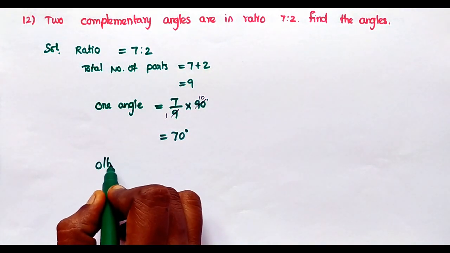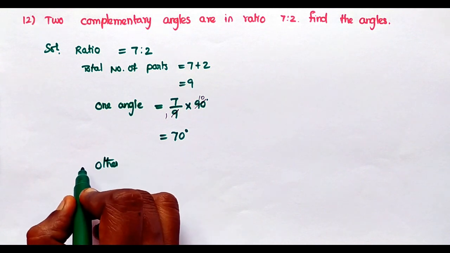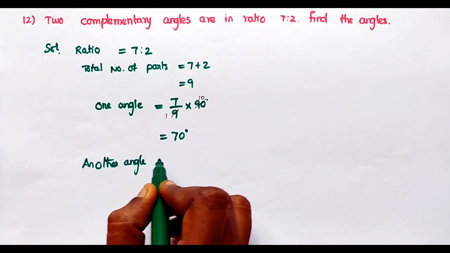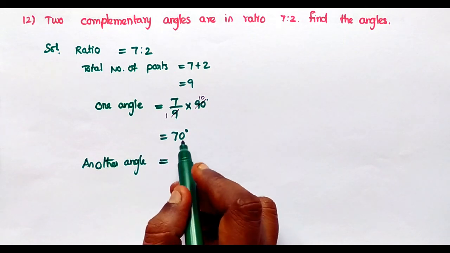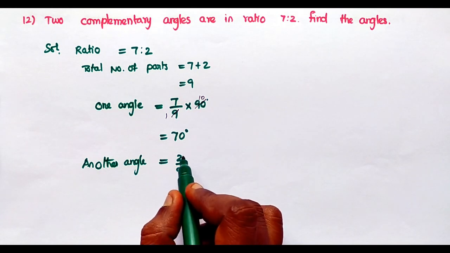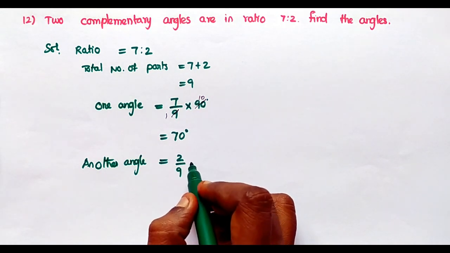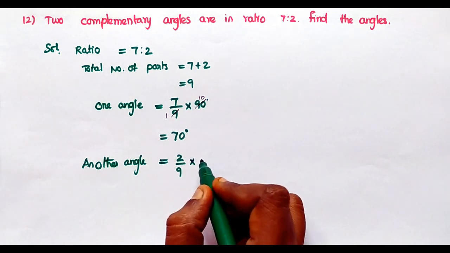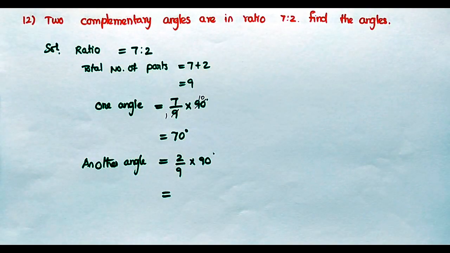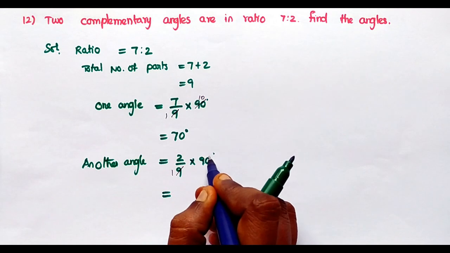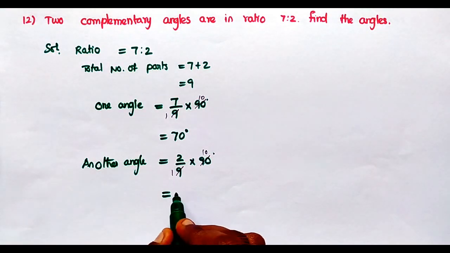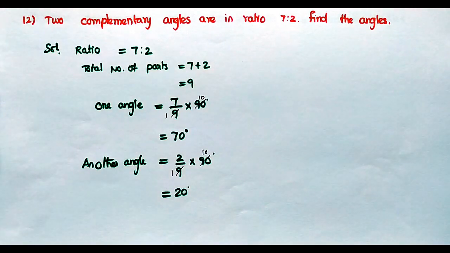Other angle equal to 2 by 9. Out of 9, 2 parts is the next angle from 90 degree. So cancel this number. 9 1 is 9. 9 10s are 90. So 2 into 10, 20 degree.